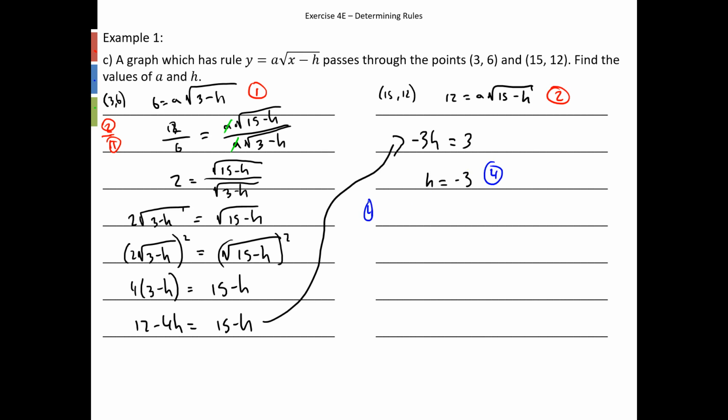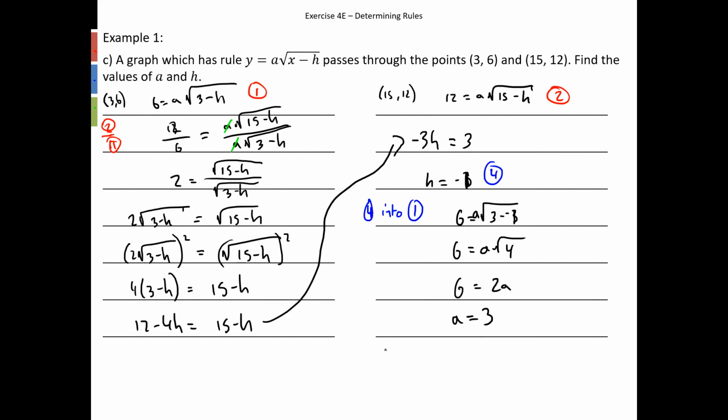We're going to go back with 4 into our original equation 1, so we get 6 equals a square root 3 minus, losing my mind, minus negative 1. So we get 6 equals a square root 4, which equals 2a, so a is equal to 3. I knew there was a 3 in the solution.